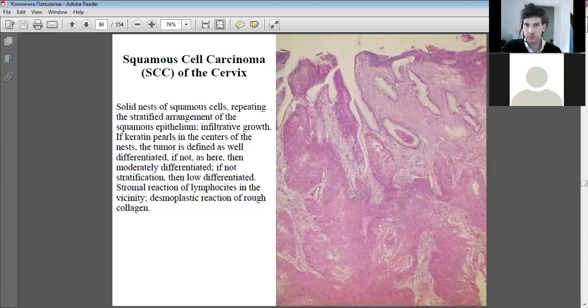And eventually bits of this are going to break away from the cervix. It's going to break off. So there is some debris in the lumen of the cervix as well. We can see that. Pearls, keratinous pearls, I can't really see the pearls as such. More in the larger tumor that we saw in the previous slide, we saw an example of a pearl.